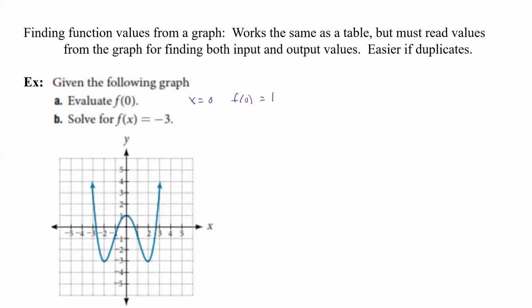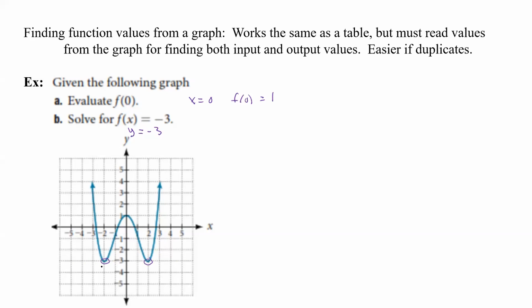Now this one, we're going to solve for f of x equals -3. Remember, that means y is equal to -3. So if you ever have issues with what f of x is, that's equal to y, and that's your output. And so when y is -3, well, y is -3 at this point. And this is why I say it's easier to see in a graph, because you can go straight across.